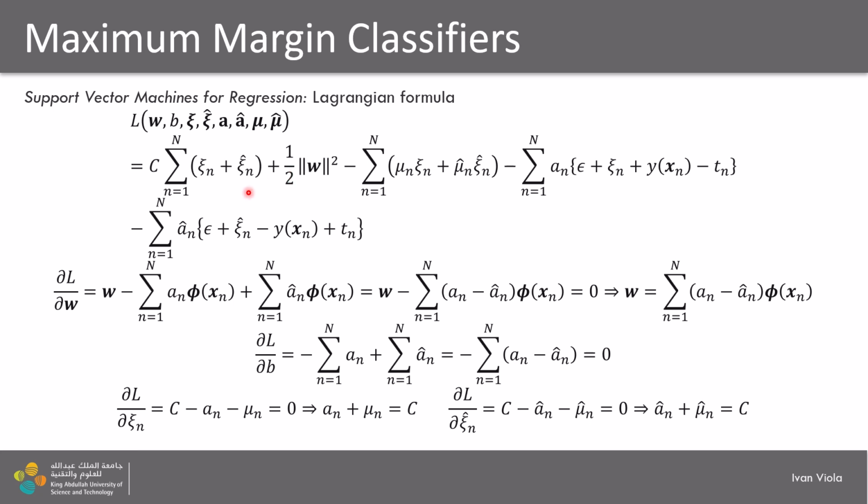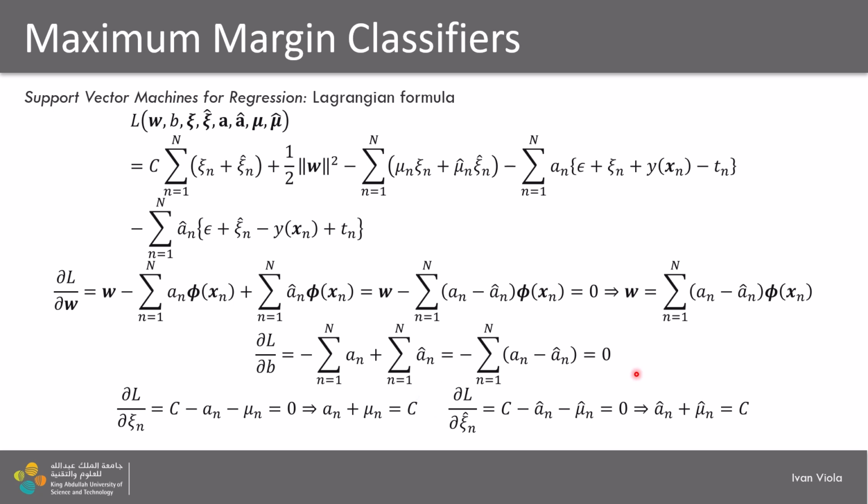From here the derivative with respect to a particular xi_n will be just C. From here it will be just a_n, and from here it will be mu_n, and that is equal to 0. Therefore, a_n plus mu_n is equal to C.